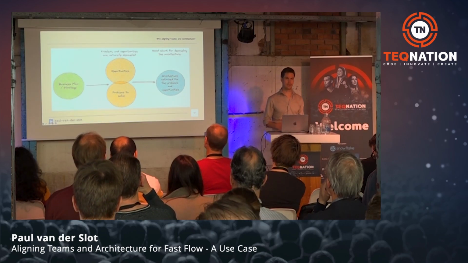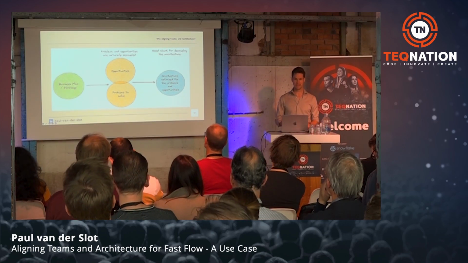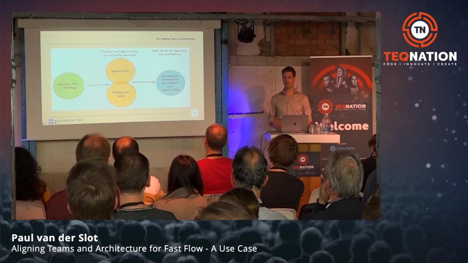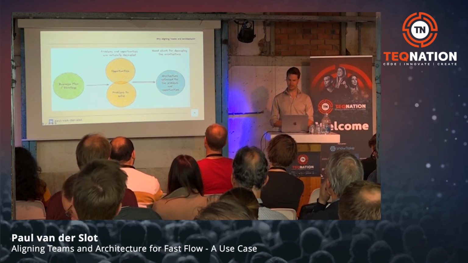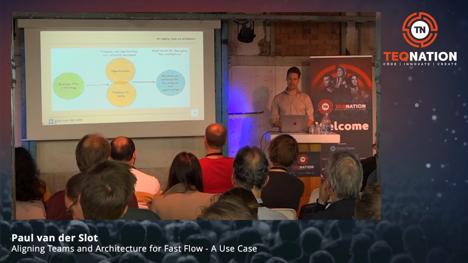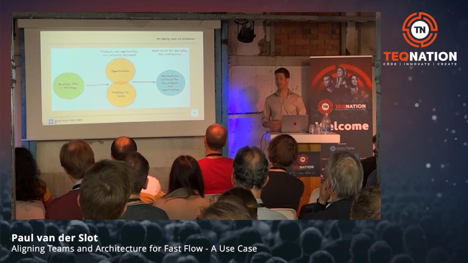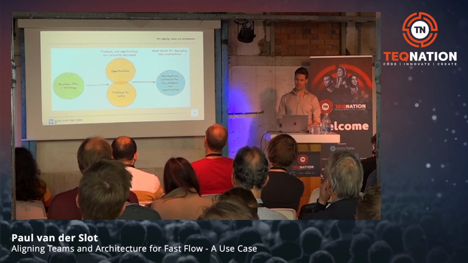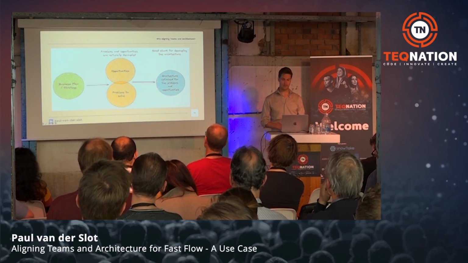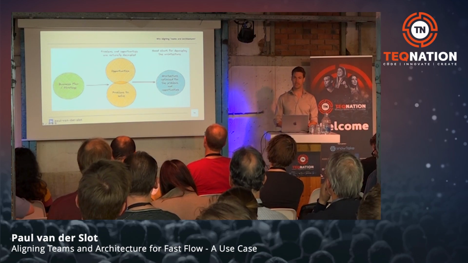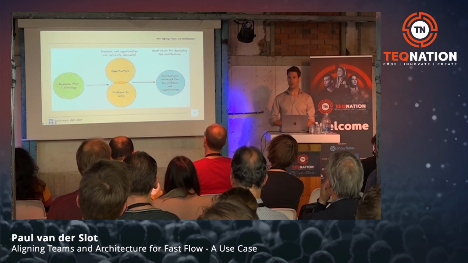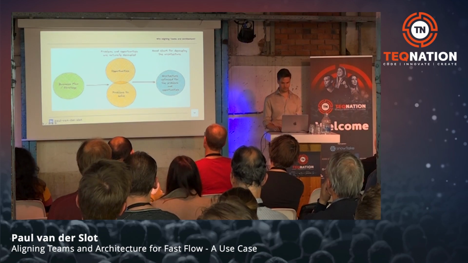Well, the nice thing about these business opportunities and problems is that they are naturally decoupled. They have nothing to do with each other. In that case, you can also develop solutions that are naturally decoupled as well. So you have two benefits here: you are aligned with the business strategy, and you've got a way to decouple your architecture.